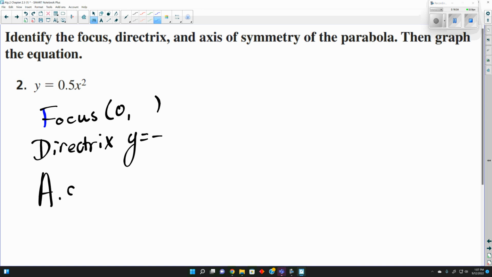And the axis of symmetry is x is equal to 0. Because the directrix and the axis of symmetry will always be perpendicular to each other. The axis of symmetry is either going to be a horizontal or vertical line, so either x equals or y equals. For the directrix, the axis of symmetry is going to be perpendicular to it. It'll be the opposite, because they're going to make a right angle.